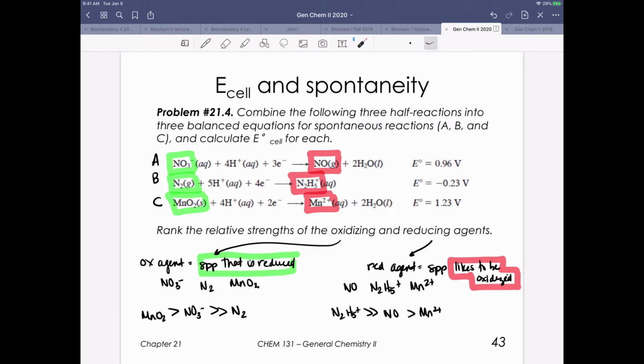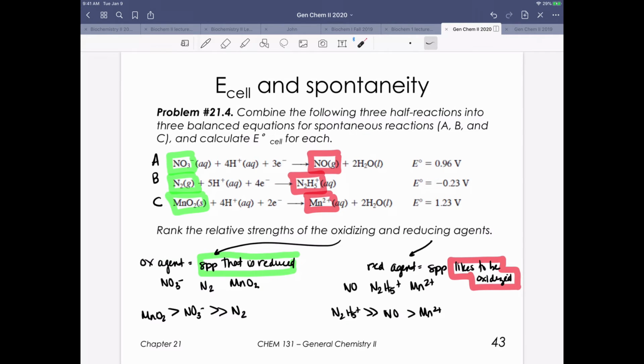What we need to do now is recognize that there's sort of a ranking here. Remember, the more positive an E value is, the more that reaction likes to go in that direction as written. So we can kind of see a ranking here. This is sort of the most positive E, then we've got this guy, then we've got this guy.